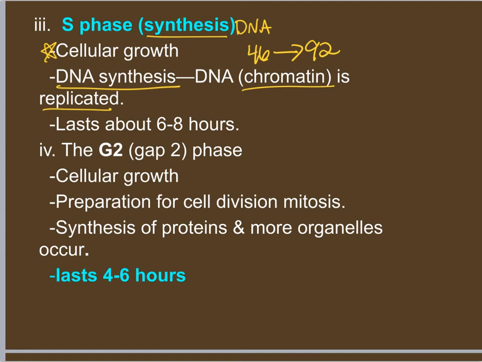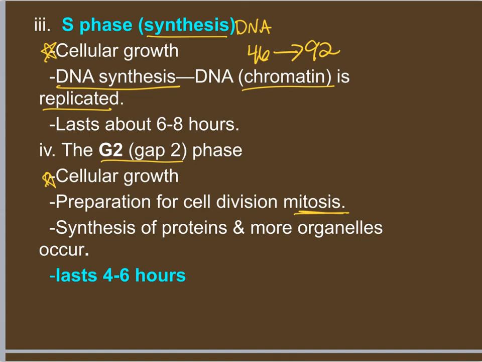And then after that, the cell will go into G2 or gap 2. Again, the cell will grow because it grows in all the parts of interphase except if it goes into G0. It's also going to prepare for mitosis, and then it will synthesize proteins, and it's going to continue making more organelles, and this is 4 to 6 hours.